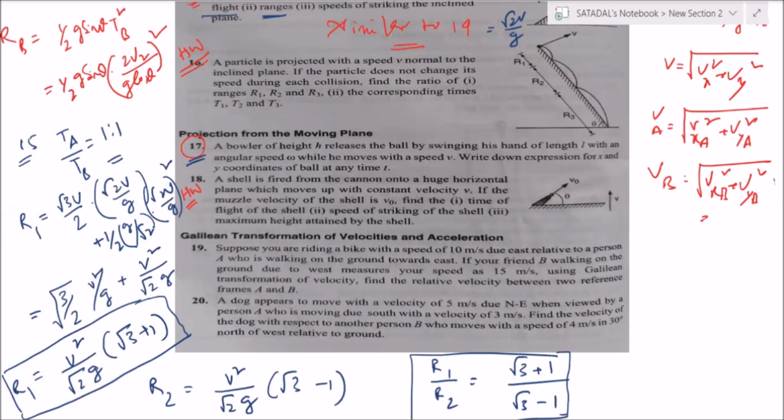So this is a technical question actually. It needs a little bit of concept, not much, but you can do it.